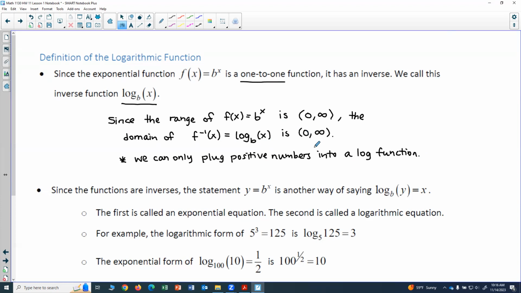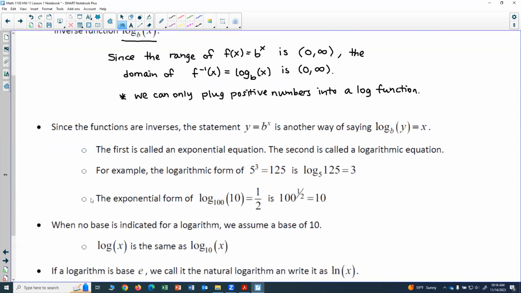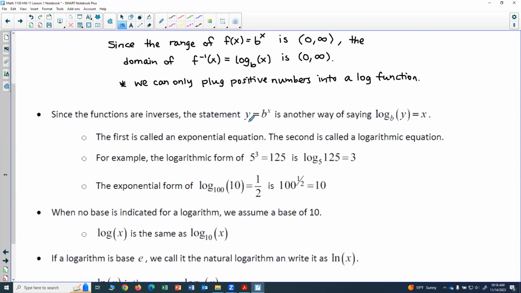Now let's look at how the relationship between the log and the exponential functions can help us. Since the functions are inverses, the statement y equals b to the x is actually another way of saying log base b of y equals x.